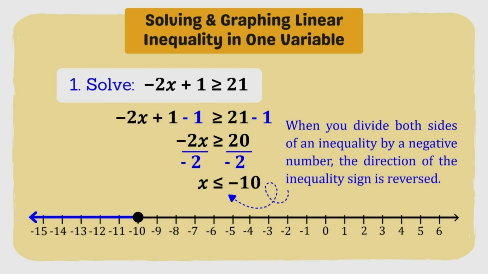So, dito, ang ray natin is going to the left side. Why? Because x is less than or equal. Ibig sabihin, mas mababa siya kay -10. The values are less than or equal. Kasama din yung -10 doon. Kaya po siya closed or solid yung ating dot kasi included po si -10.